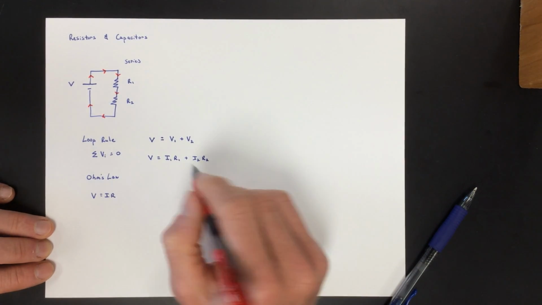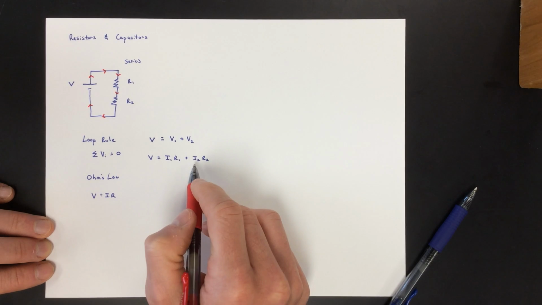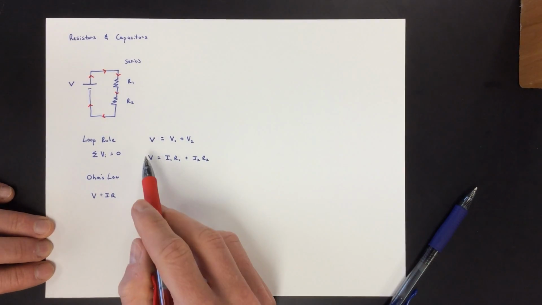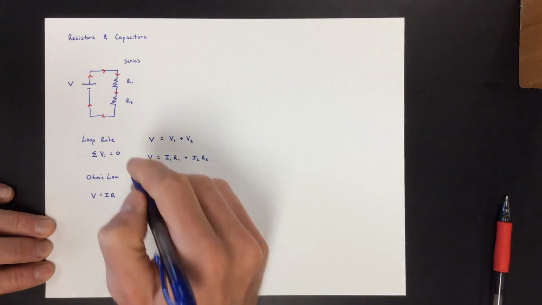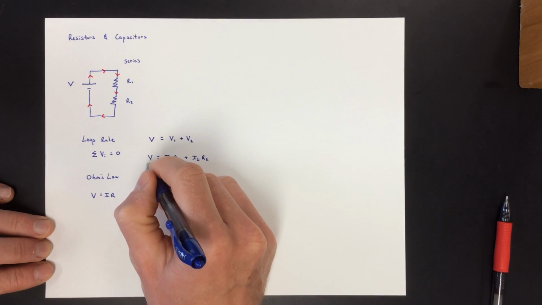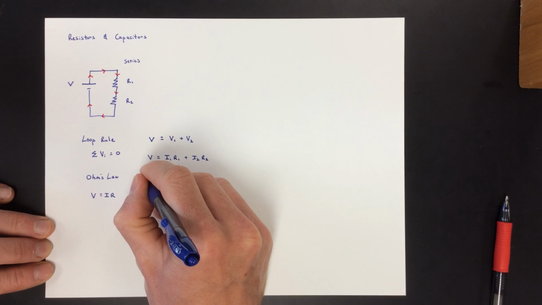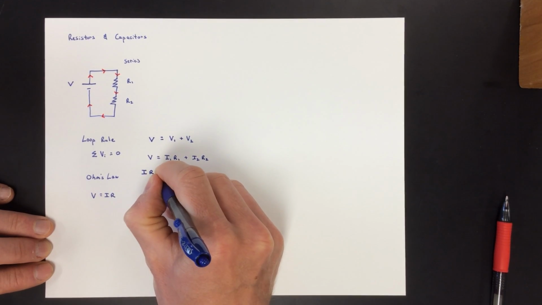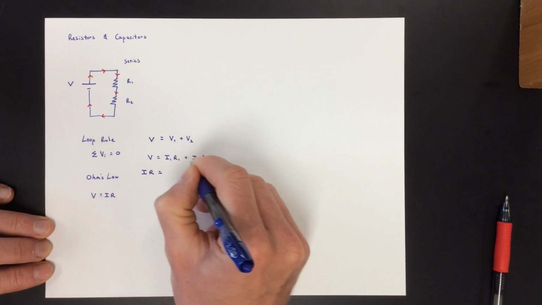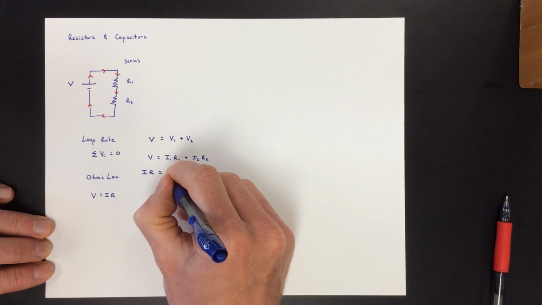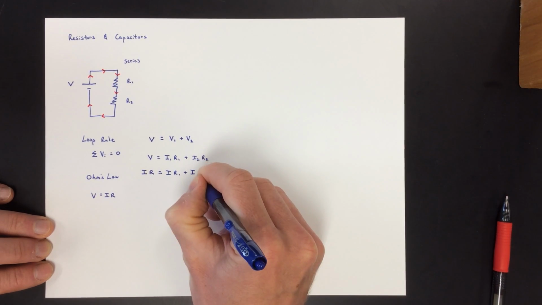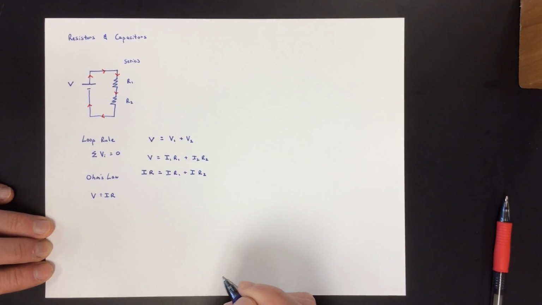Again, I1 equals I2, so we can get rid of that. And what we can say then is that the total voltage is just the total current times the total resistance. I1 and I2 are the same thing as the total, because the total current does flow through that.